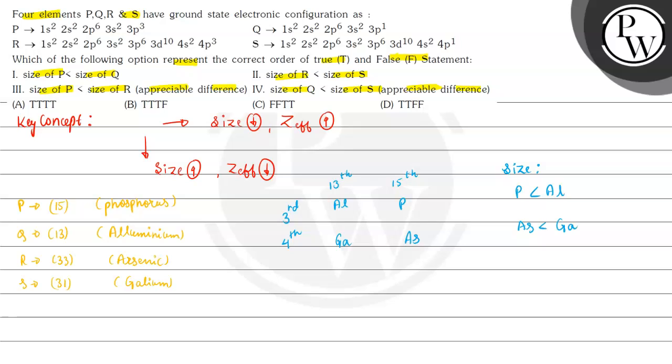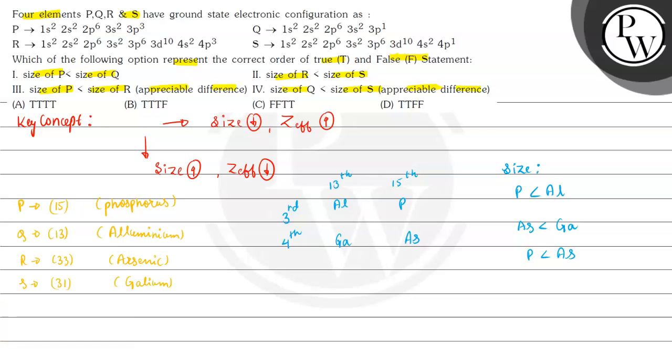Next, size of phosphorus will be less than size of arsenic. Similarly, for aluminium and gallium, the same process should have been followed, that is, the size of aluminium should have been smaller than gallium.